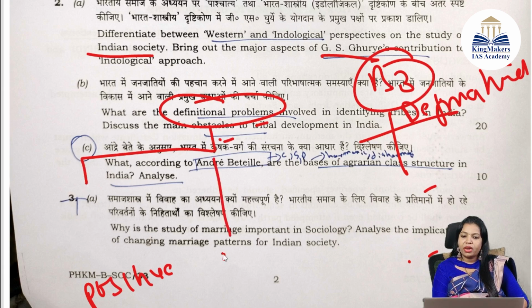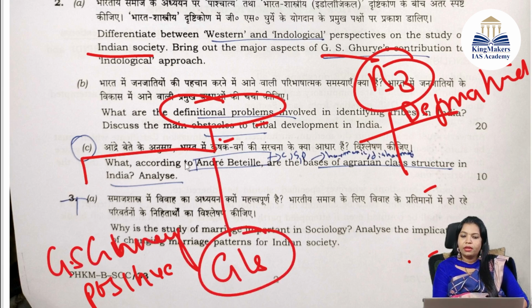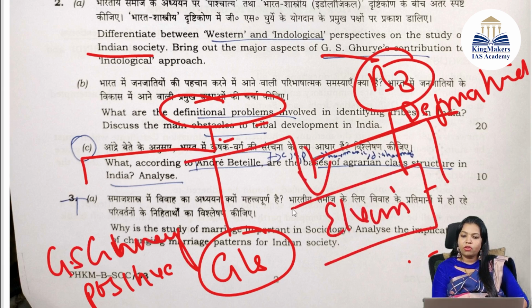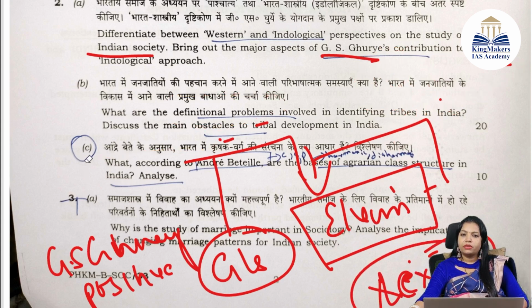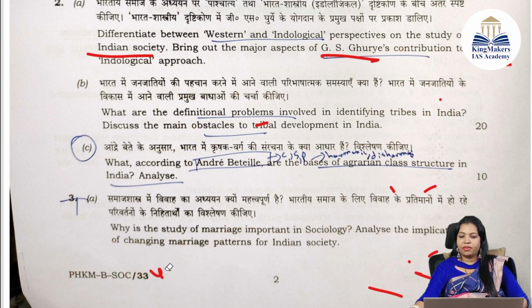You have to mention the policy of assimilation, policy of isolation, and policy of integration. Also the Lokur committee talked about tribal populations and gave some cultural features, like primitive traits and a unique culture. These things you also have to mention.